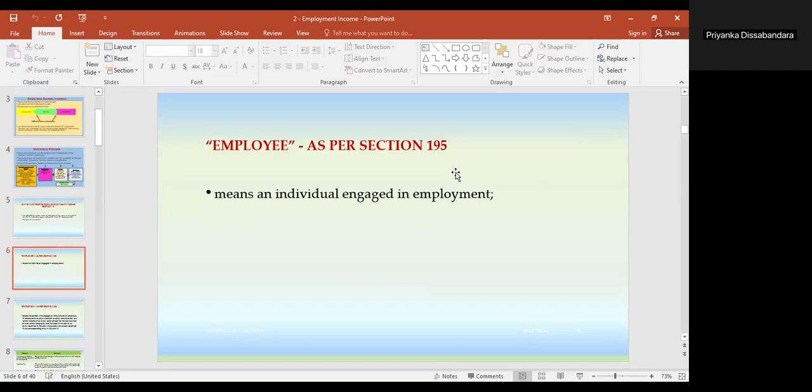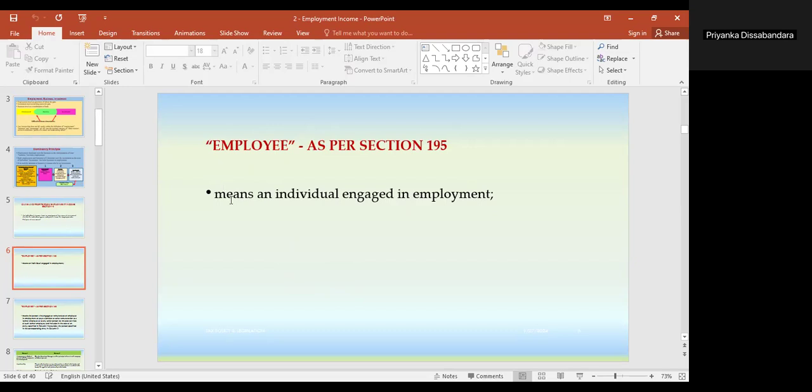Then we have a definition for each such term. For the term employee, we have a definition in section 195. It says, employee means an individual engaged in employment. In our definitions, we have two kinds of important words: one is means, another is includes.